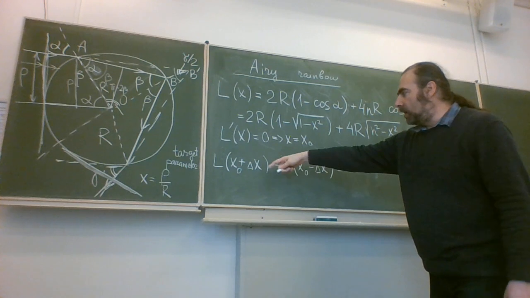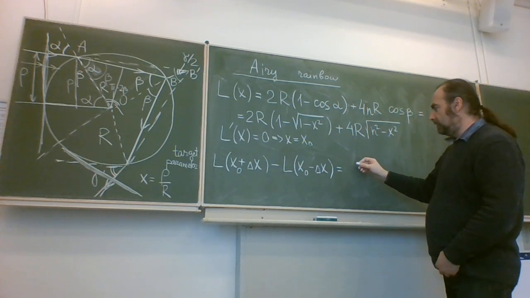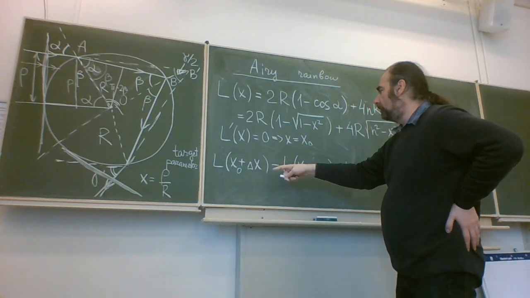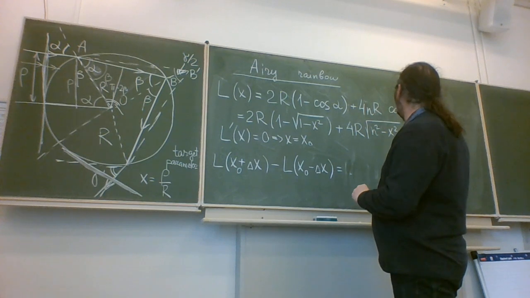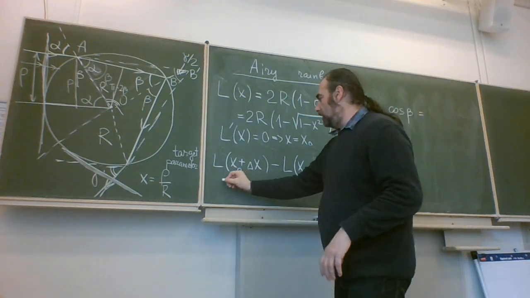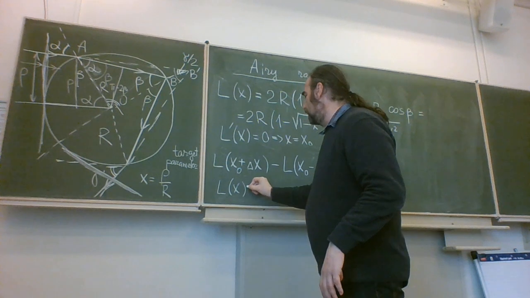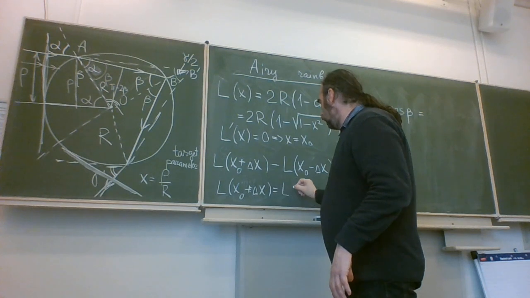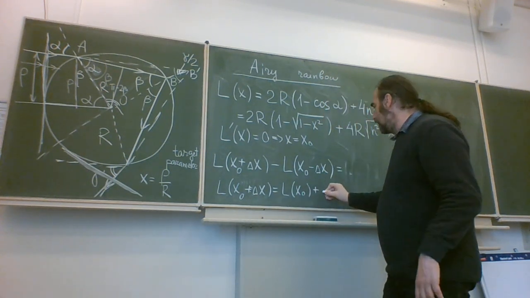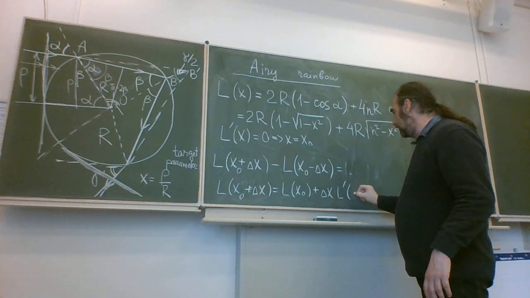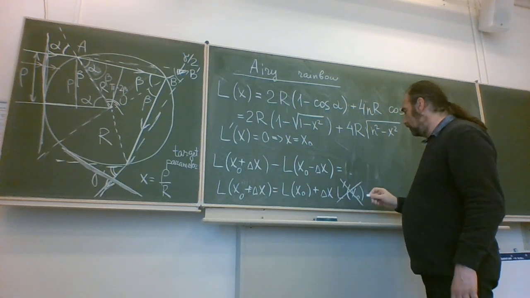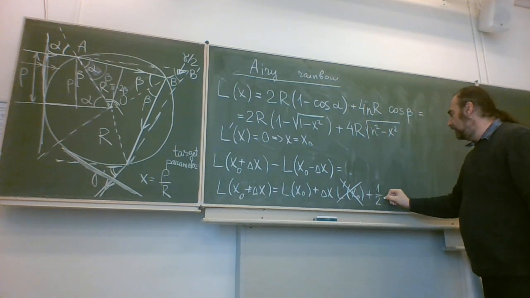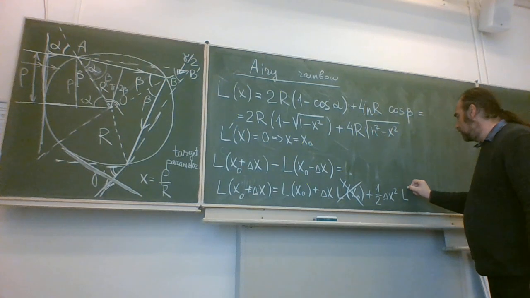I can Taylor expand this in powers of delta x. Let me expand. L of x naught plus delta x is L of x naught plus delta x times L prime of x naught, which is 0 because at x naught L has a minimum, plus 1/2 delta x squared times the second derivative at x naught.